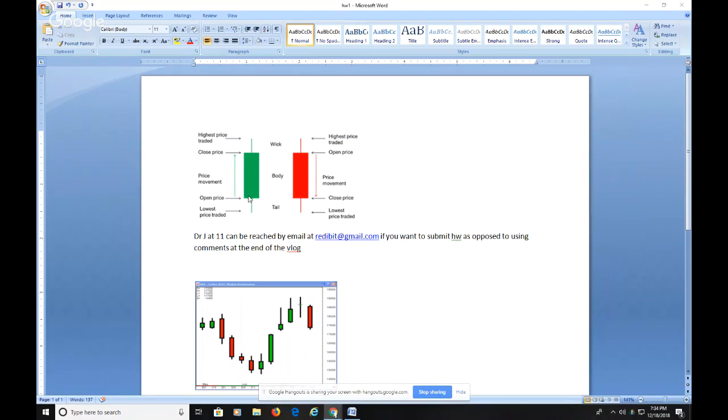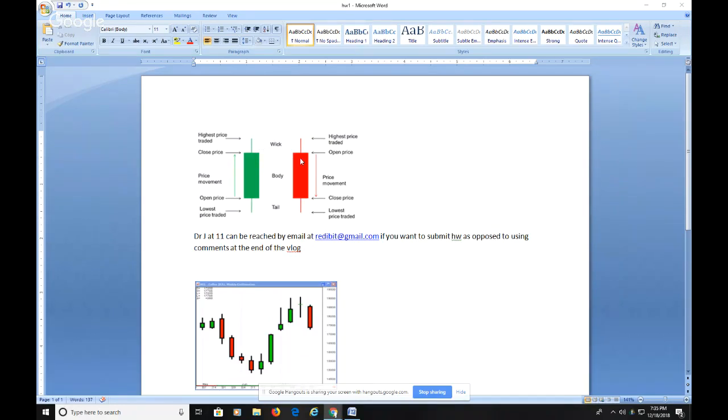All trading that occurred after the open, but was lower than the open, is given by this wick here, the lower wick. All trading that occurred after the open, but was higher than the close, is given by this wick here. Everything else is the body. So that's what a candlestick is.